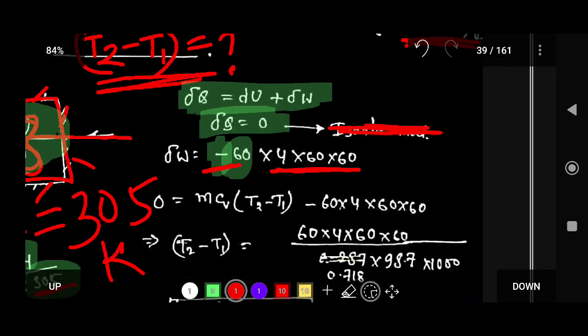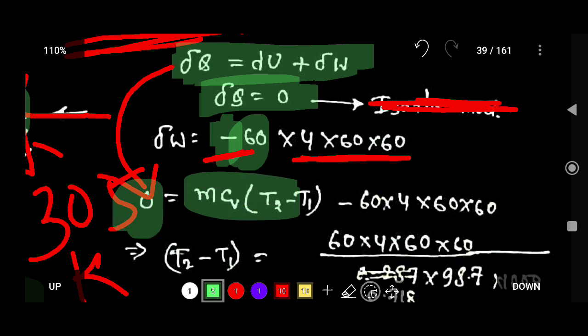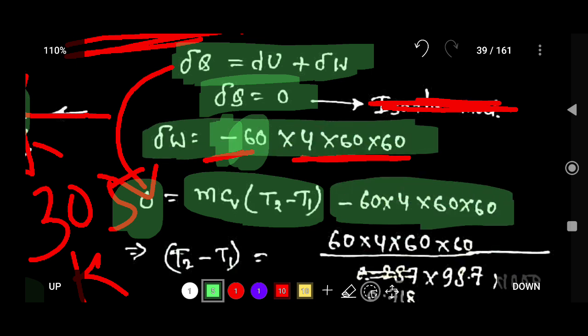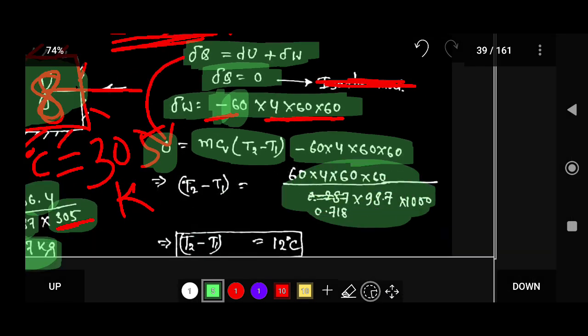From this equation, del Q equals 0, which is equal to del U, and we know the formula m Cv (T2 minus T1), plus del W, where del W is minus of 60 into 4 into 60 into 60. From here you can find the value, and the value will be 12 degrees Celsius.